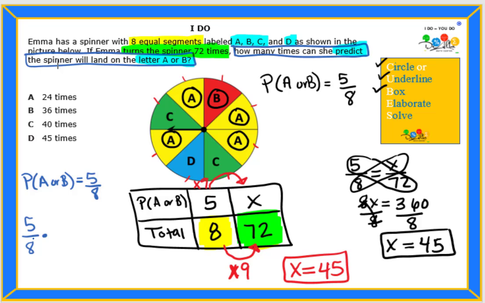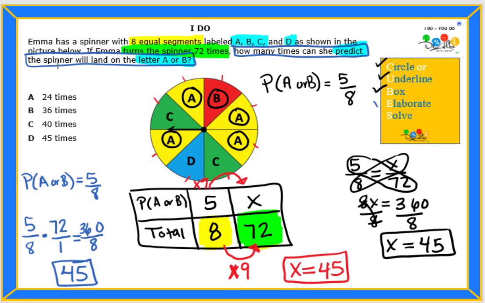And in this case, it turns out that we're going to spin the spinner 72 times. So we can multiply by 72 over 1, and we will get 360 divided by 8. And 360 divided by 8 is 45. So x must equal 45.